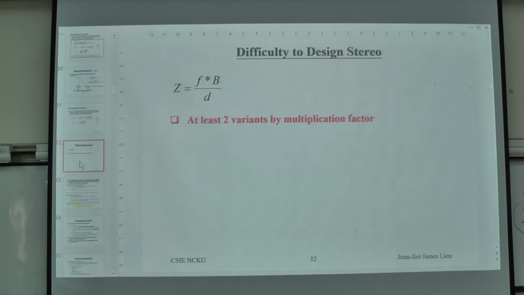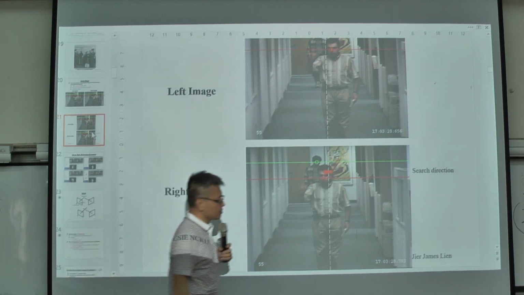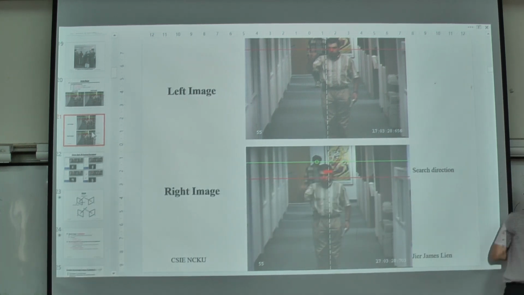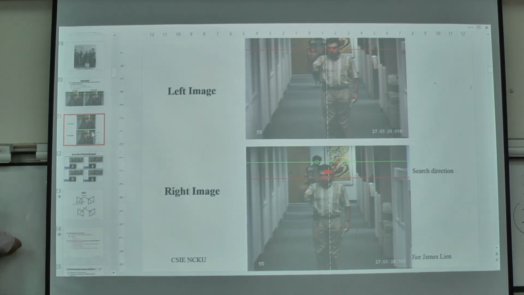So what's the problem right now? This equation. So the problem we back to here. Okay. So what's the problem we need to solve? So the problem is to try to find a corresponding point.